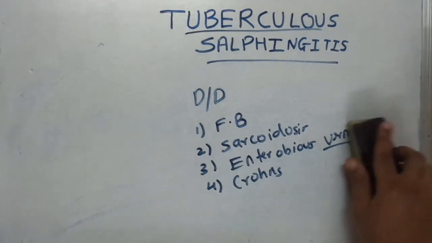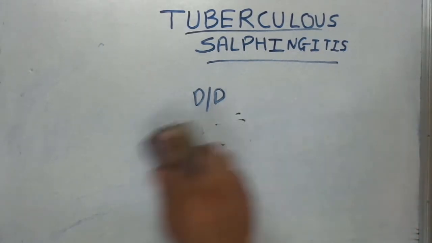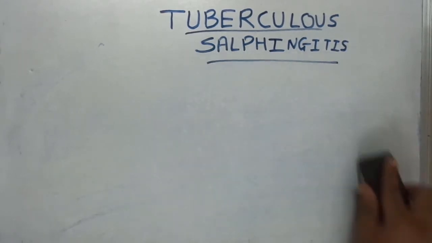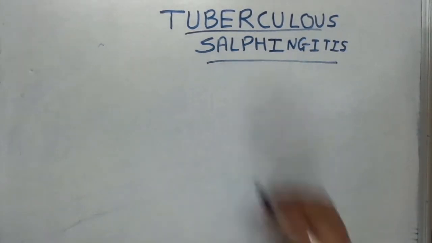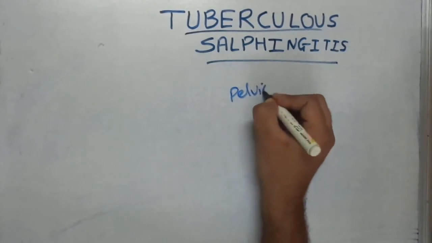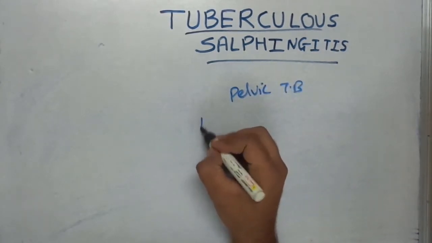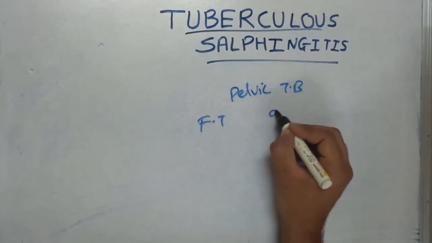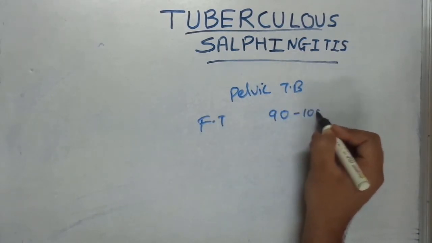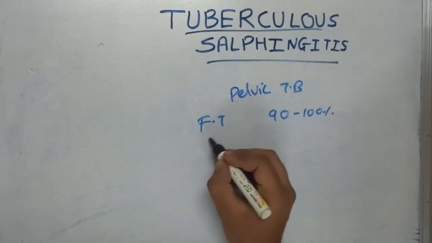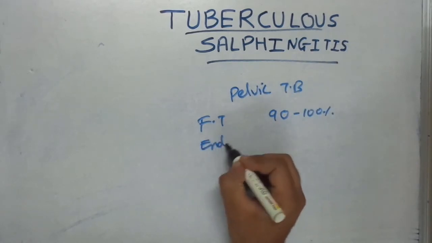Now we will see the rate of involvement of various organs in pelvic tuberculosis. For the fallopian tube, as we have seen earlier, it is 90 to 100% and bilateral.